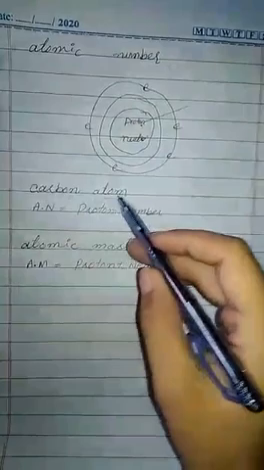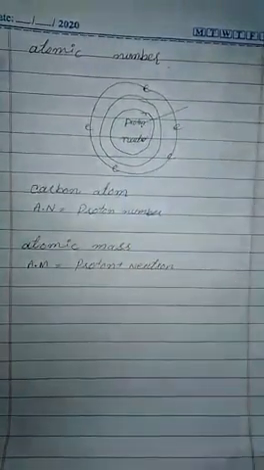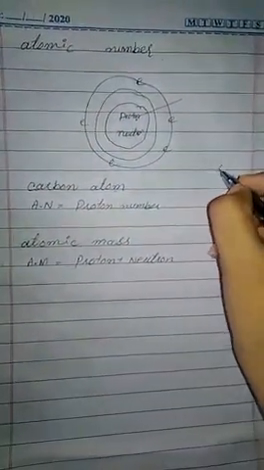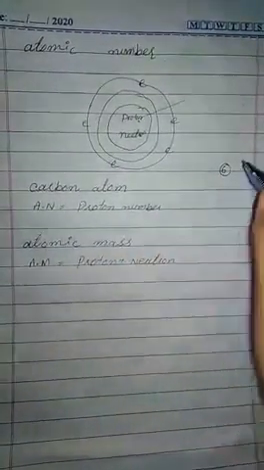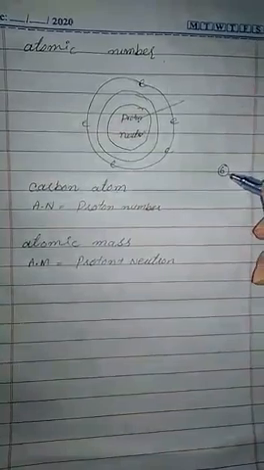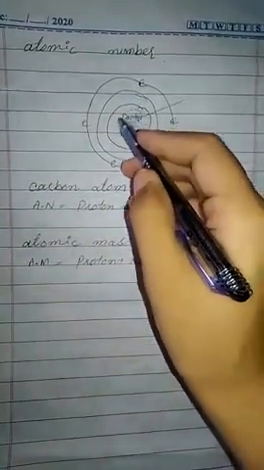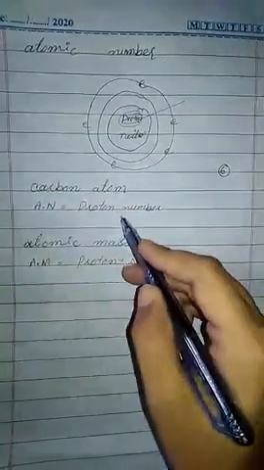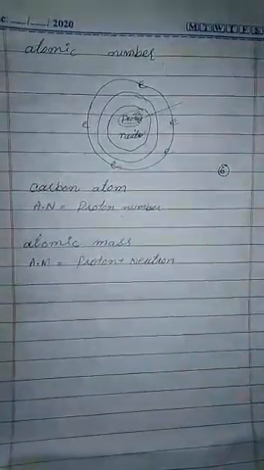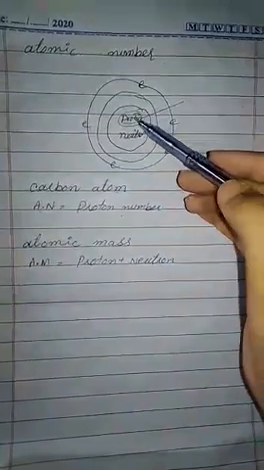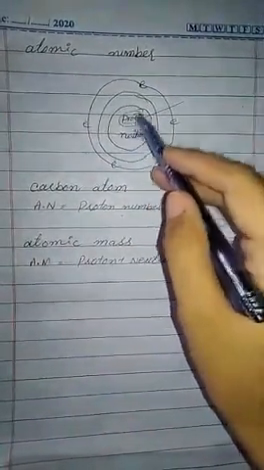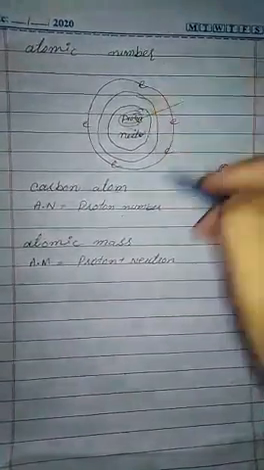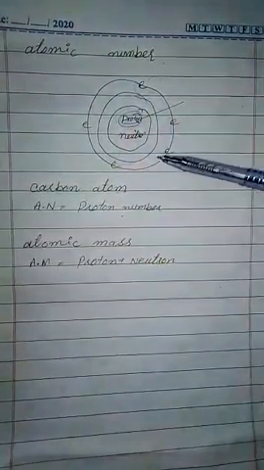For example, the carbon atom. It has 6 protons in the nucleus. So its atomic number is 6. So the proton number in the nucleus is equal to the atomic number. Students, you have to remember that how many protons are present in the nucleus is equal to the electrons that orbit around the nucleus.